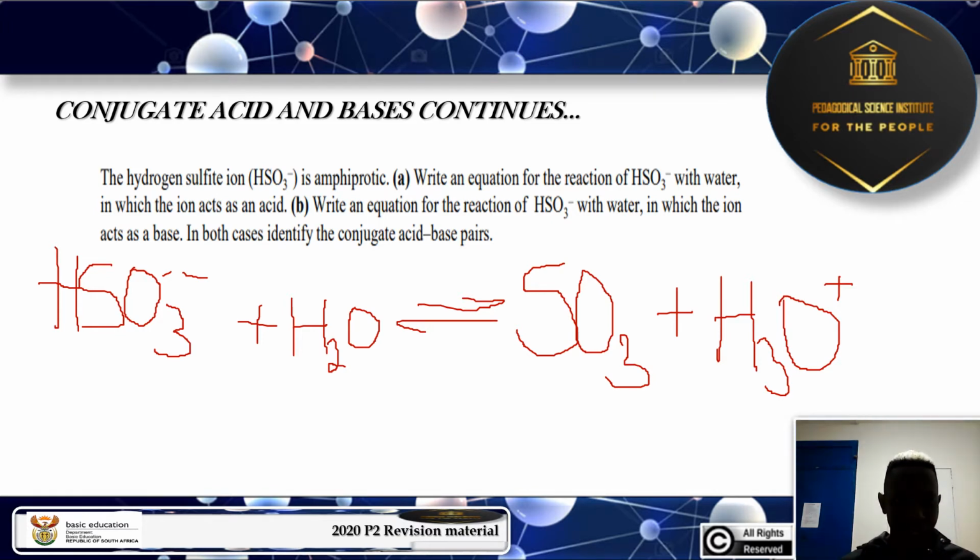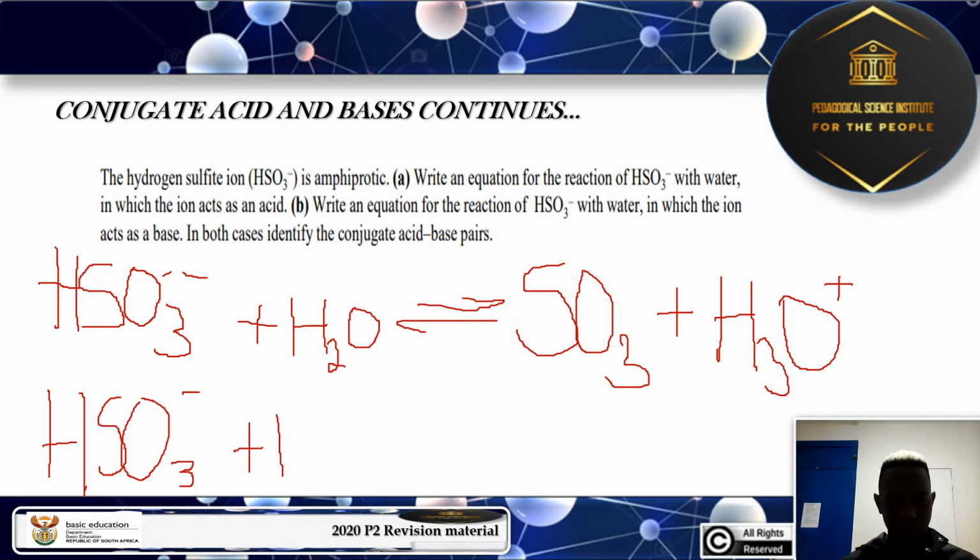Then on the other equation, now it acts as a base. We are going to have HSO3⁻ plus H2O, and now we throw in our reversible arrows.